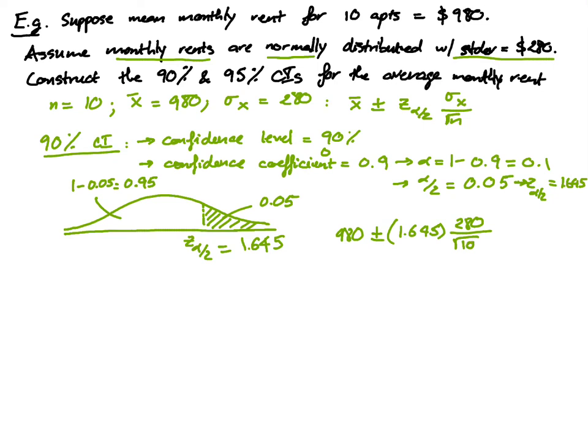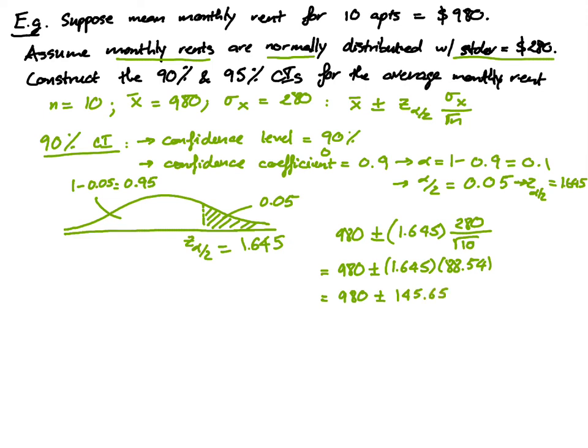Now if you do the math, this is 980 plus minus 1.645 times 88.54, which is equal to 980 plus minus 145.65.